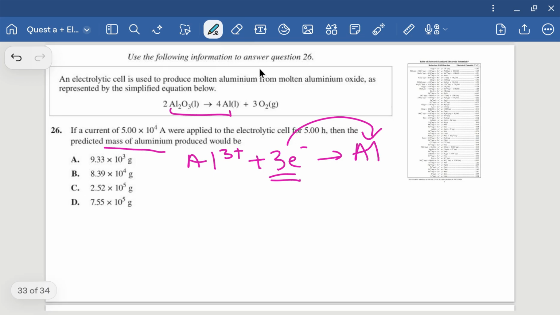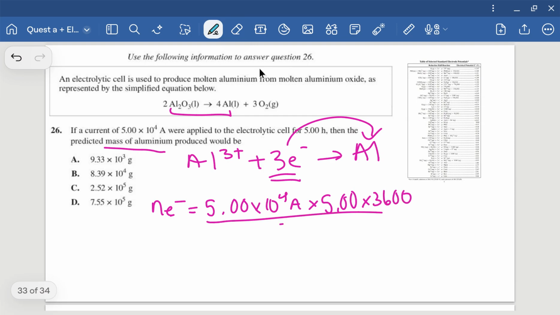So I would start with moles of electrons. So taking that the amps 5.00 times 10 to the power 4, multiply this by the hours 5.00, and then the same thing times it by 3600 to turn it into seconds, divide it by Faraday's constant. Okay, that gets you moles of electrons. Now I'm just going to keep multiplying.